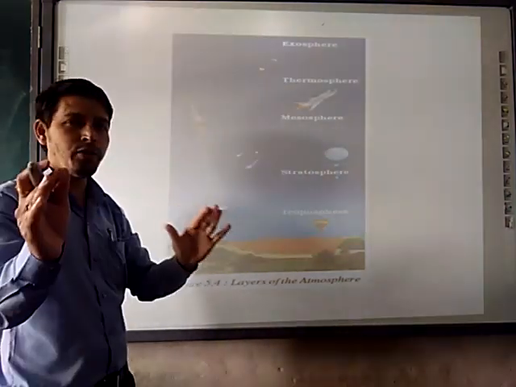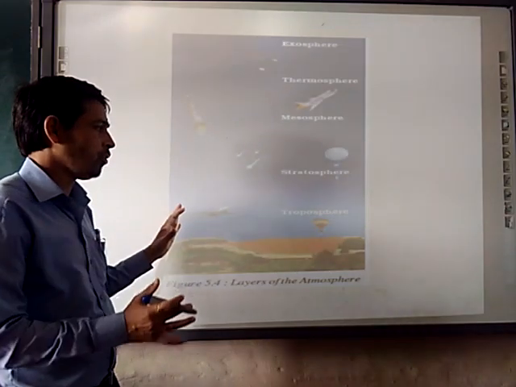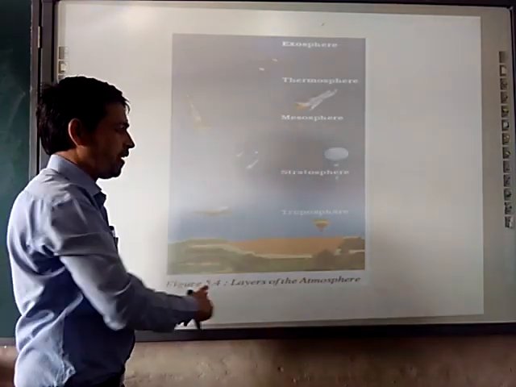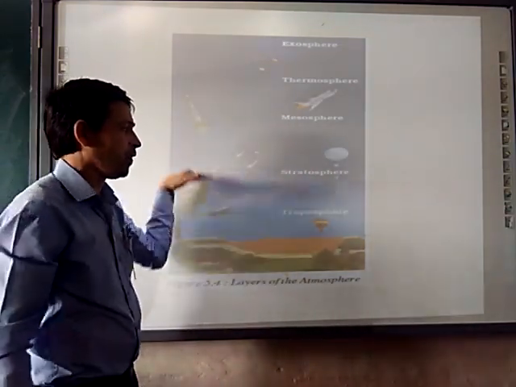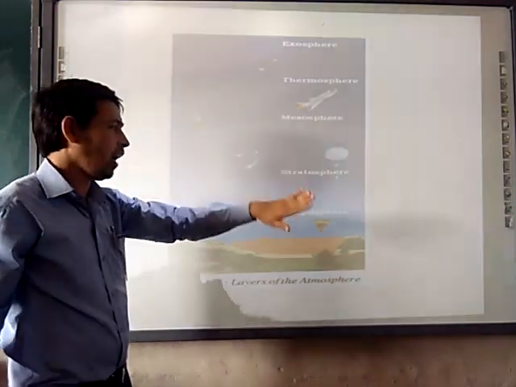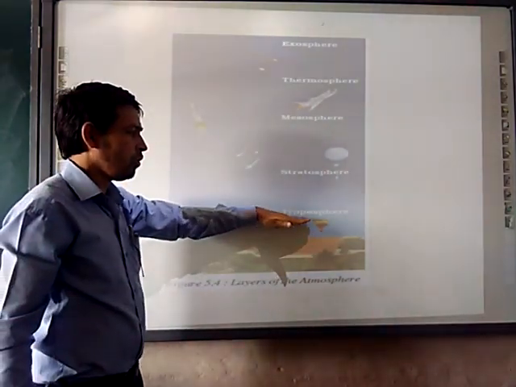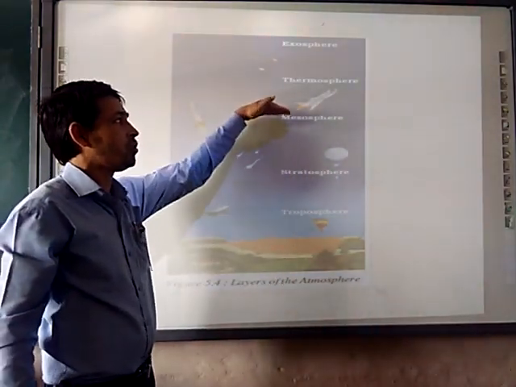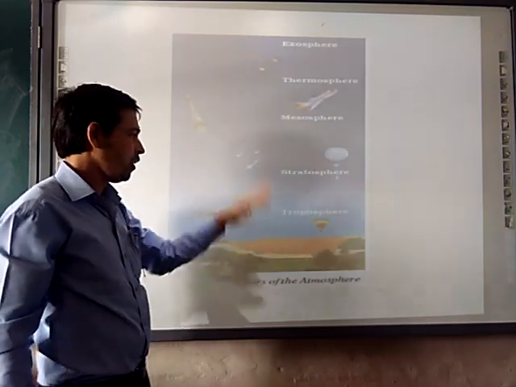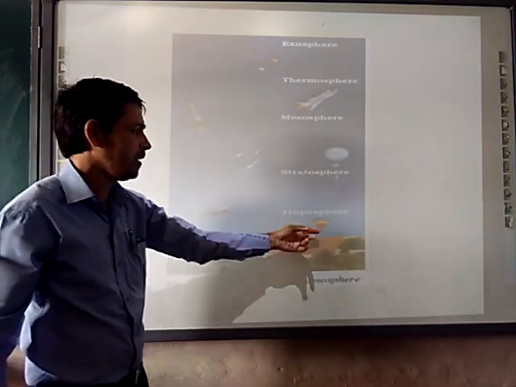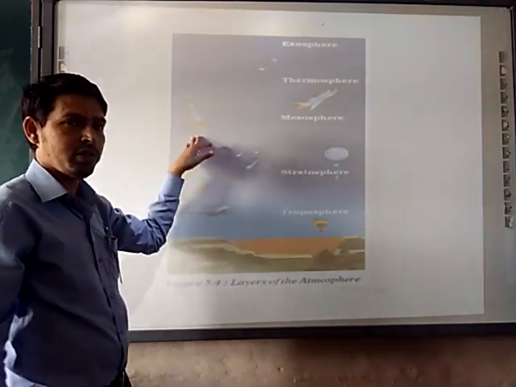Right? When you are drawing this diagram in your notebook, you have to make a rectangular box. After that, you have to divide it into 5 slices. After that, you have to place the names: troposphere, stratosphere, mesosphere, thermosphere, exosphere. No need to draw the aeroplane, the parachute, and all. Okay?